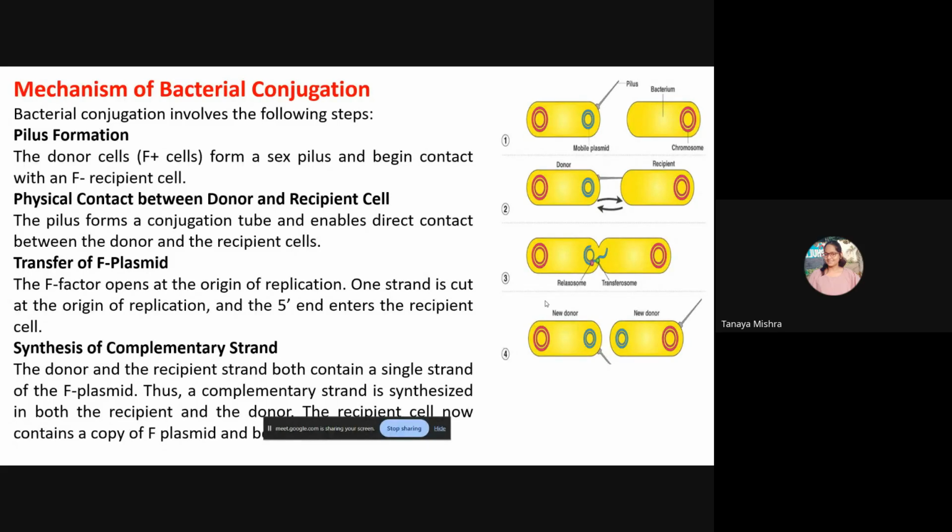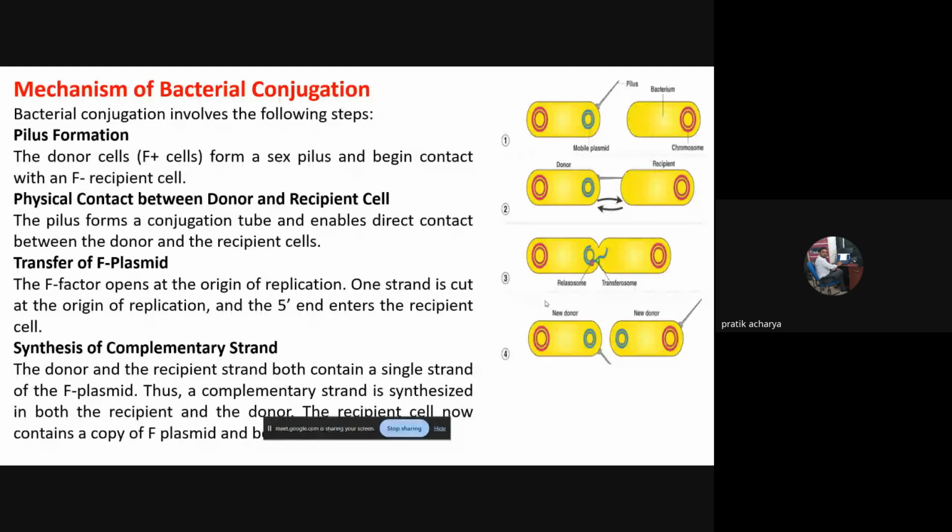Sir, could you please repeat the meaning of fertility factor? When we are explaining the F plus or F factor or F plasmid, it is generally considered a plasmid, which is a small circular DNA.